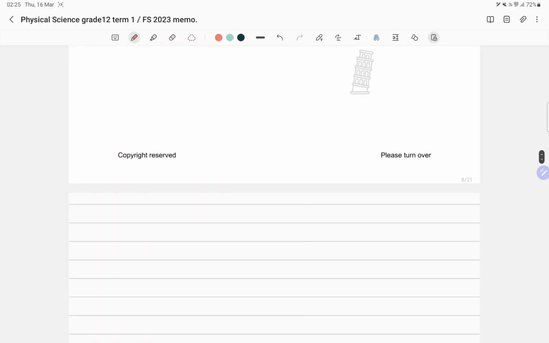Okay, great. 3.1. So we can say now the change in momentum for A is going to be equal to mass into the final velocity minus initial velocity, isn't it? Which is going to be equal to 0.75 into the final velocity. Remember, it's negative, so it's minus 2.5 minus the initial, which was 4.